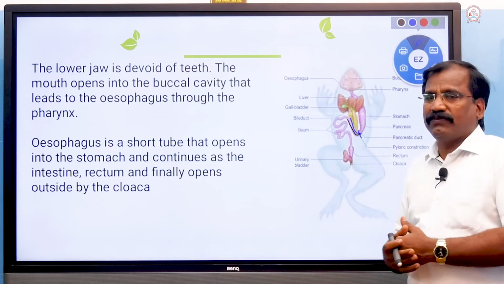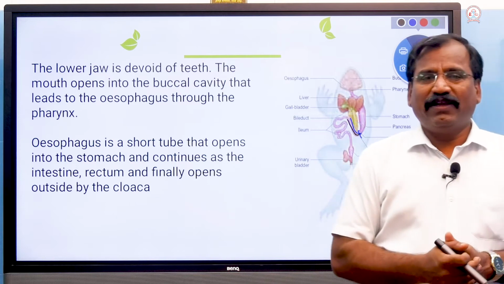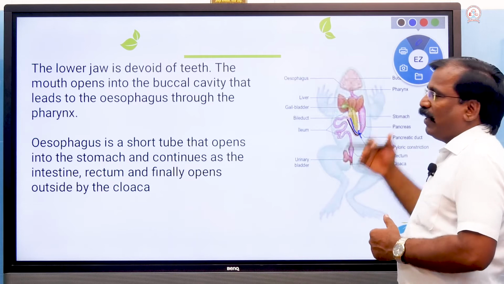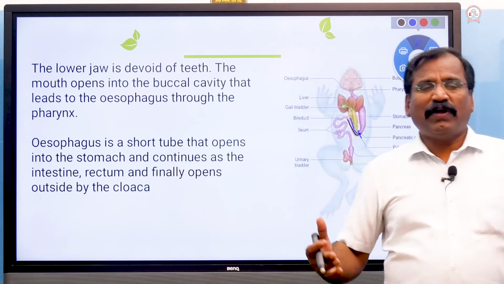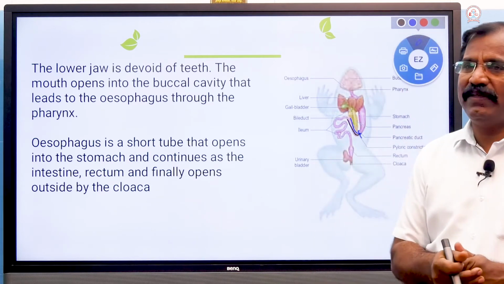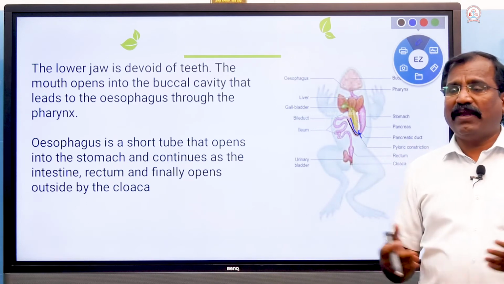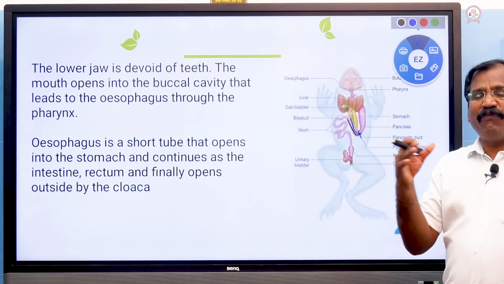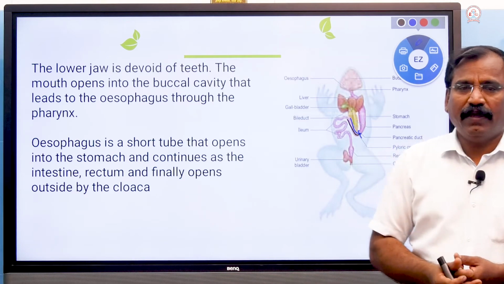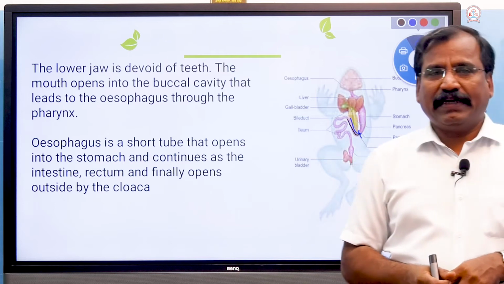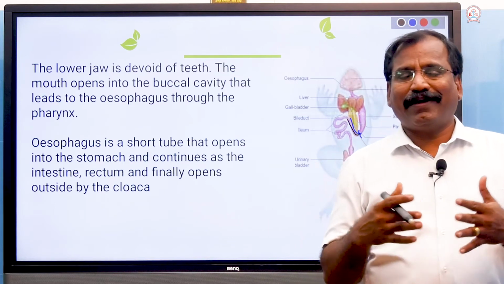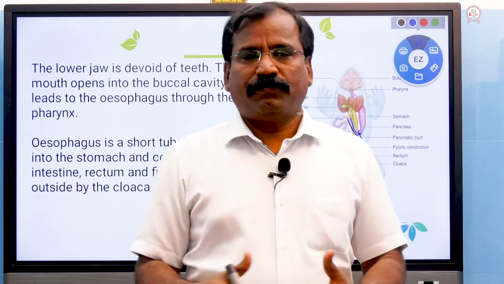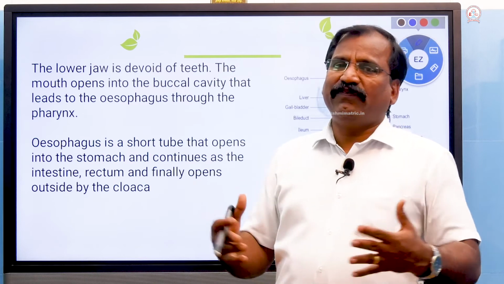The pancreas secretes pancreatic juice, and the liver secretes bile juice. The bile juice emulsifies the fat, converting the insoluble fat into soluble form. That is called saponification.